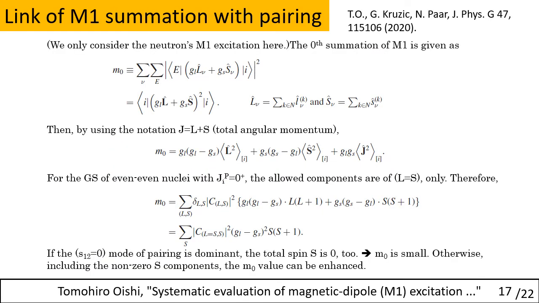Why does that happen? Indeed, there is an essential link between the M1 summation and the pairing mode inside the nuclei. Because of the time limitation, I skip the detailed explanations, but if you are interested, please see our paper published last year.